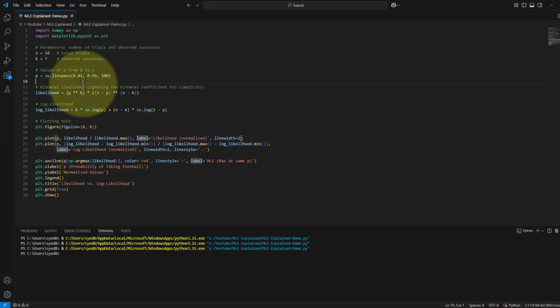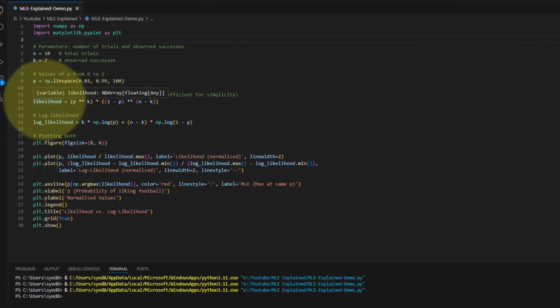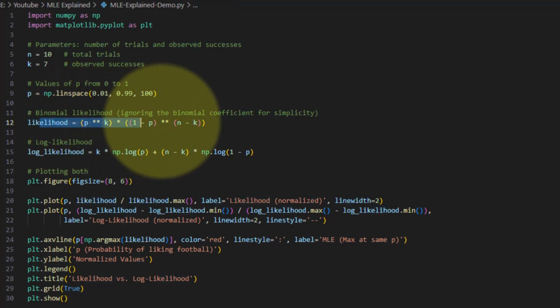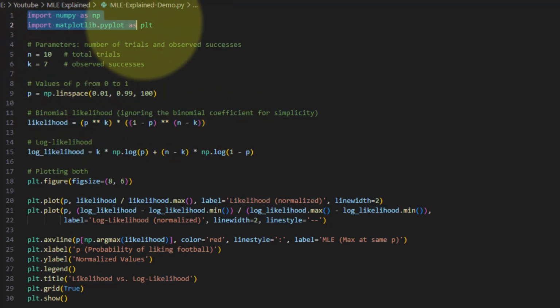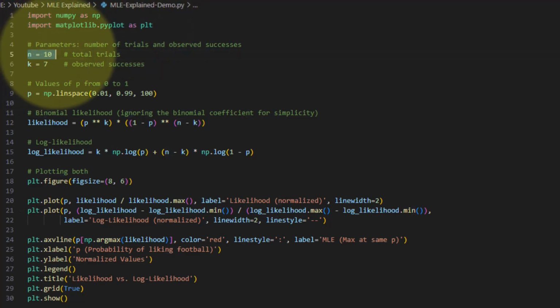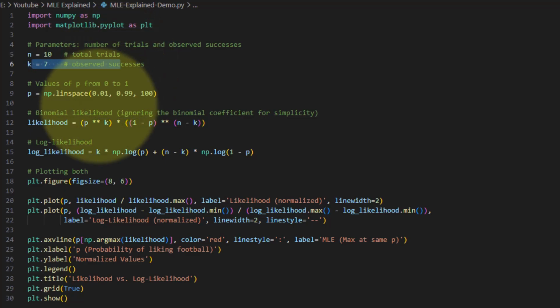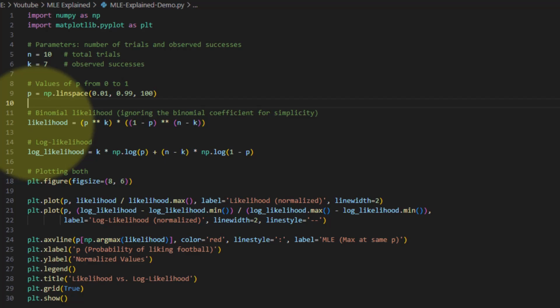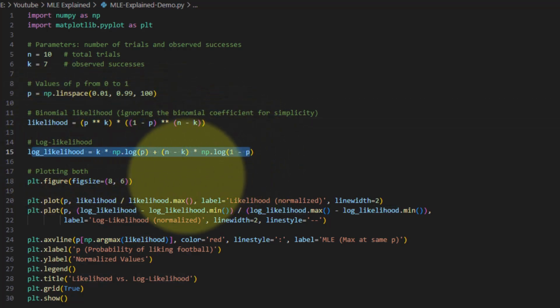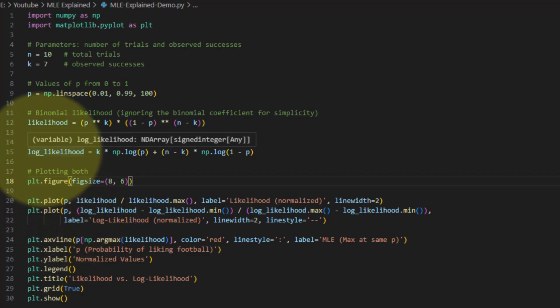There's a simple code that I have written to explain. I import the required libraries, then set the total trials, what we observe, and the range of the parameter values. I have the likelihood function, and I also take the log likelihood, and then I plot both.